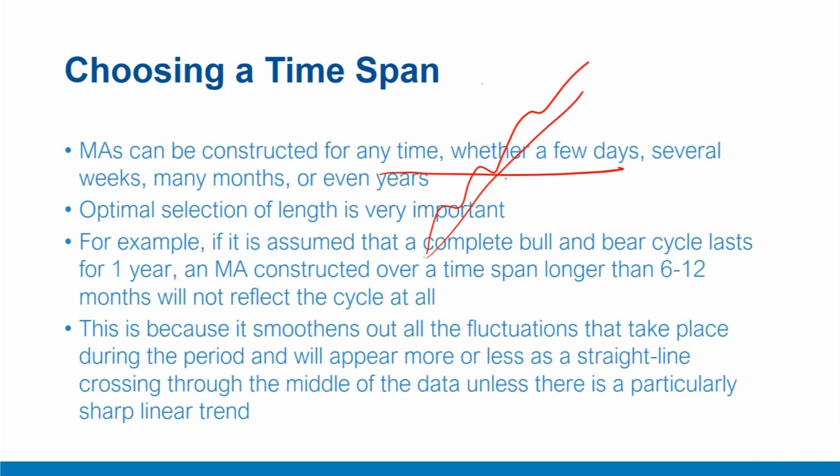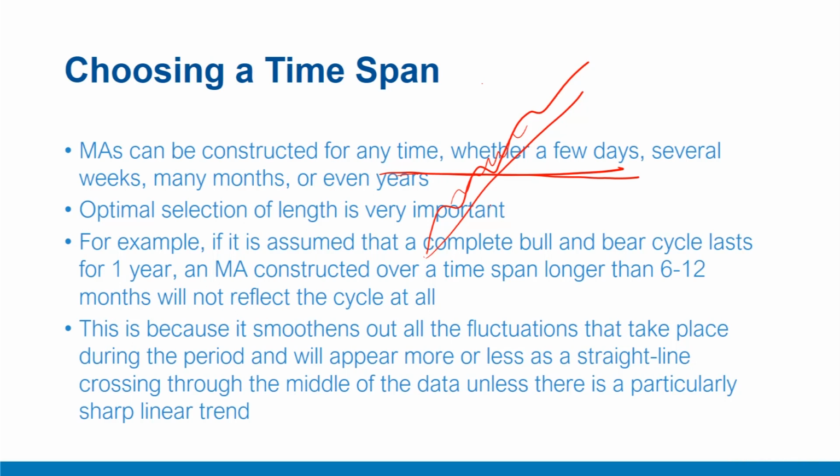This is because it smooths out all the fluctuations that take place during the period, and it becomes more or less a straight line if the average is for the complete 4 years.